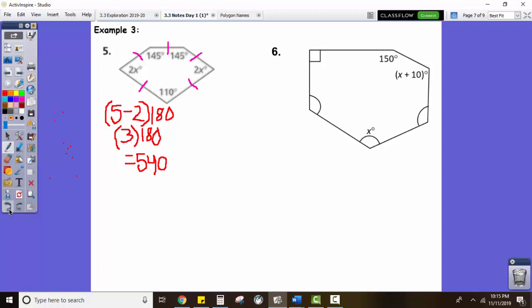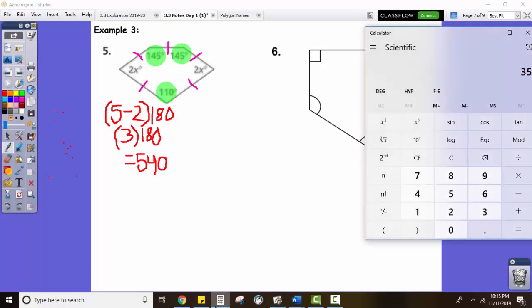Okay, now, when we go to write our equation, first we're going to look for the degrees without any variables. So if I add 145, 145, and 110, we add those.